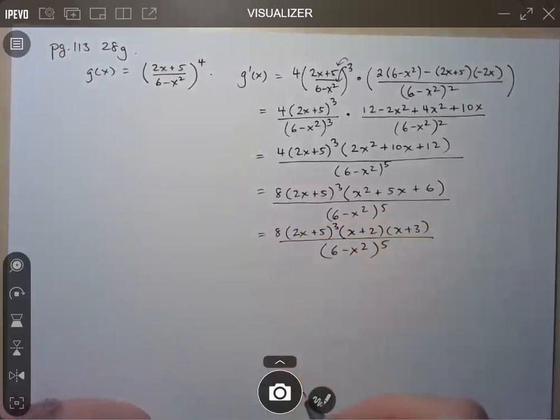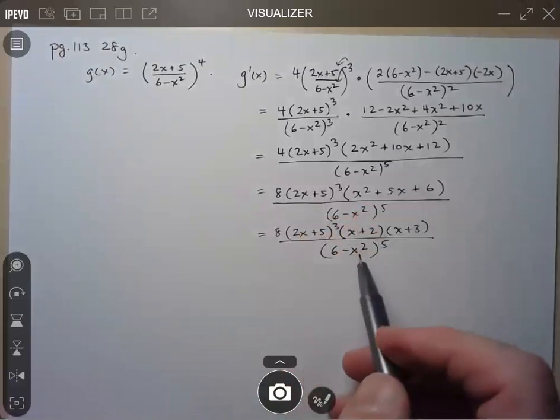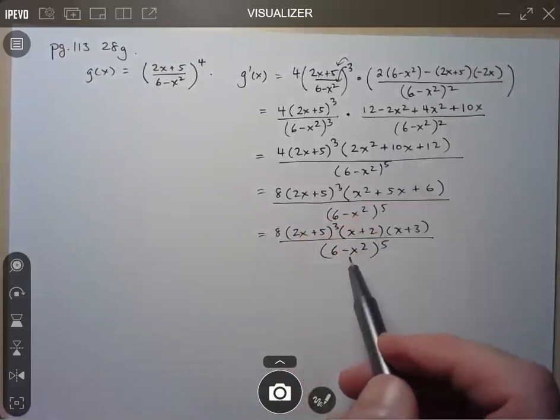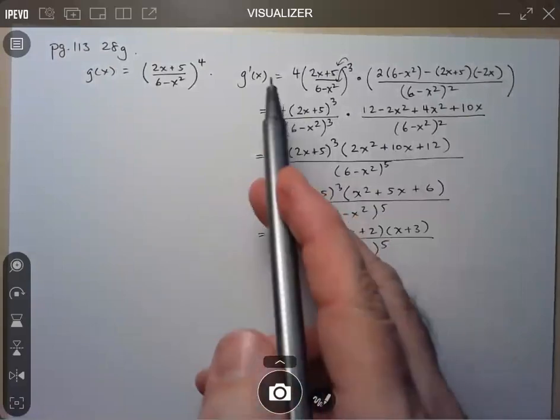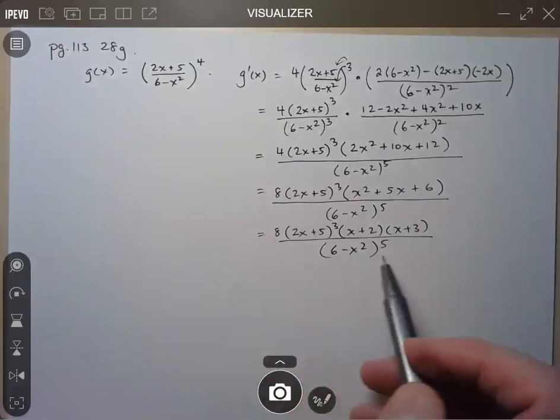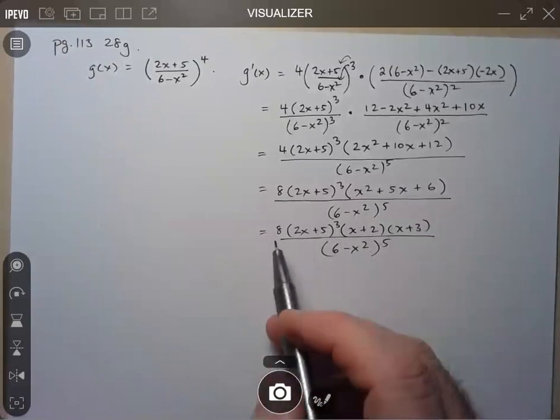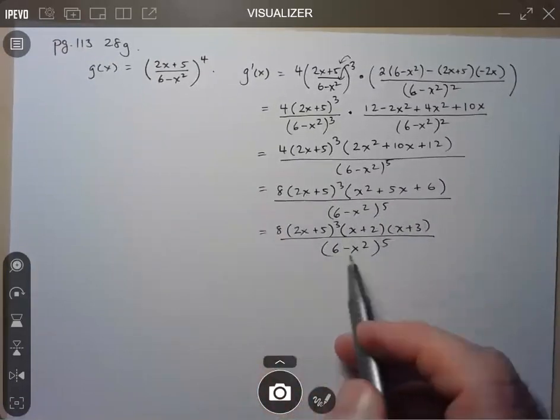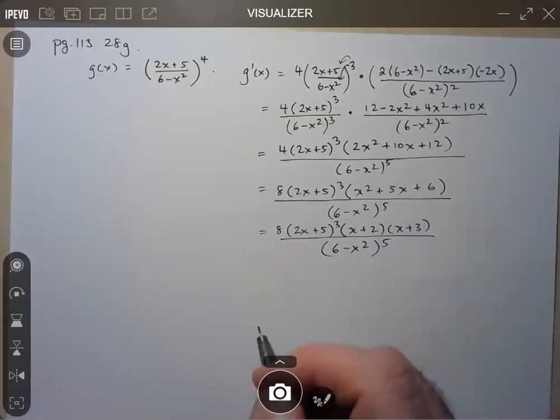So unless I made some silly error there, it looks like this is as far as I can go. So you have to imagine that, say I wanted to determine when the derivative was equal to 0 or the derivative didn't exist, it would be very easy to tell because I have it all in factored form.